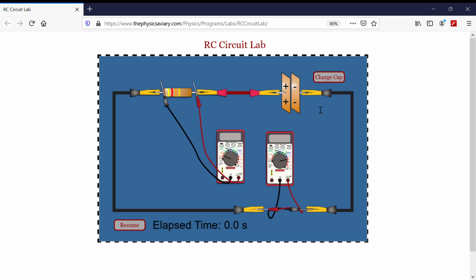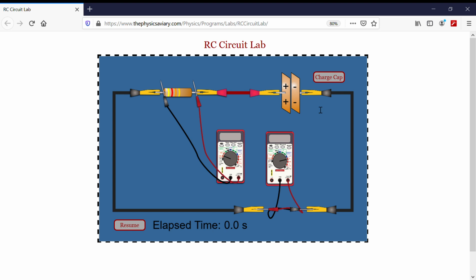Now, the next thing I would like to do is determine the time constant, tau. The time constant is the resistance times the capacitance, so RC. So tau equals RC. When I multiply the two, I'm going to convert them to SI units, so that in the end I will get the time constant in seconds.